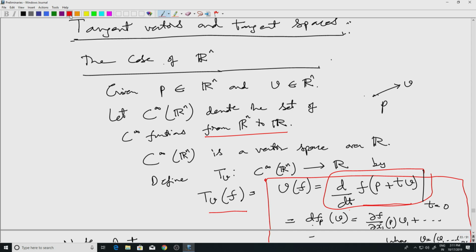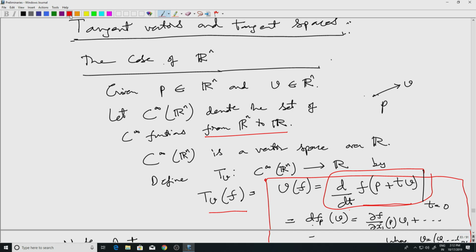And then we define, corresponding to every V, which is still an element of Rn but now thought of as a vector, as an element of a vector space, TV from C infinity of Rn to R as essentially the directional derivative of f along the direction V at the point P, which we have denoted in my earlier lectures by V of f.